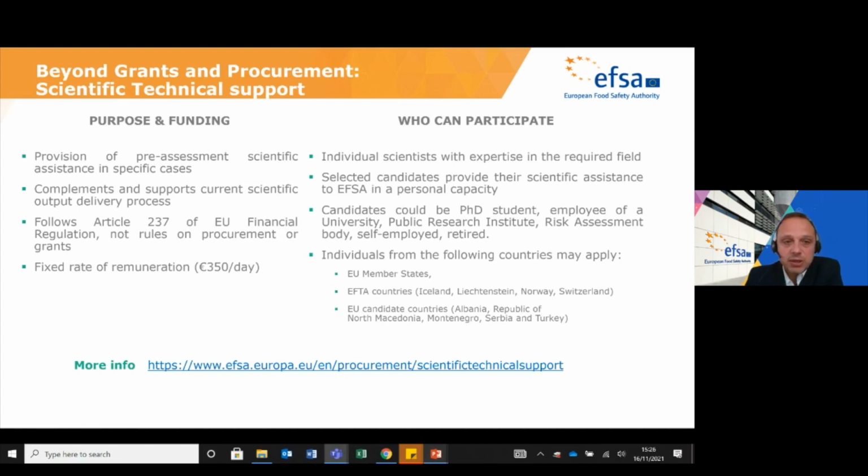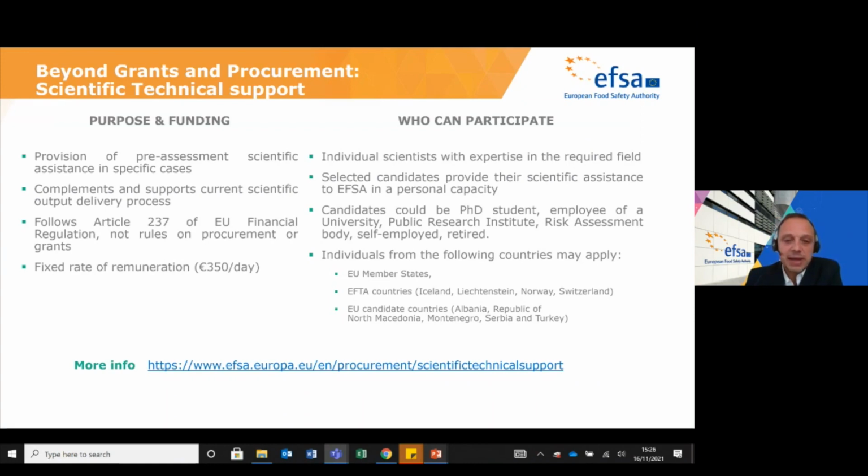These experts would be contracted under Article 237 of the Financial Regulation, and they will receive a fixed remuneration per day.